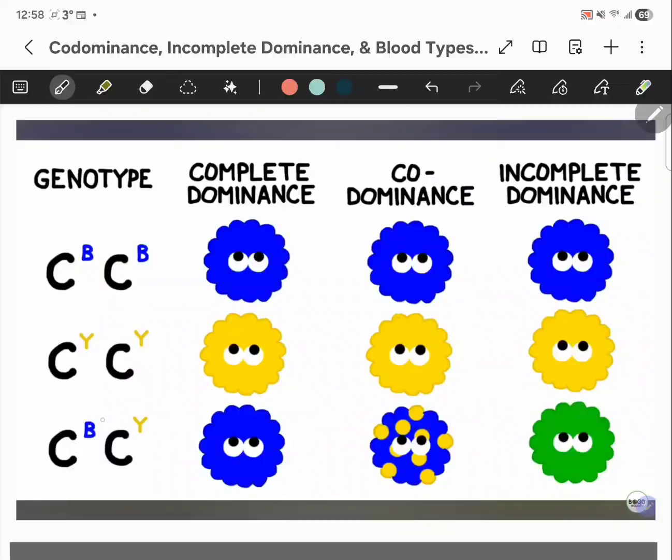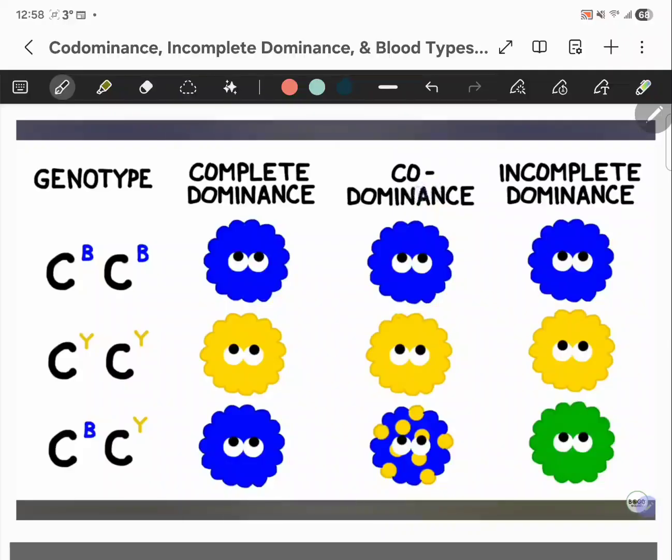But if we have a heterozygous genotype where we have both blue and yellow, and both are equally dominant, that means both are going to get expressed. How does that happen? Well, it often happens with a polka dot mixture, where we have some blue and some yellow, but they're both fully expressed because they're codominant. So both are completely dominant.